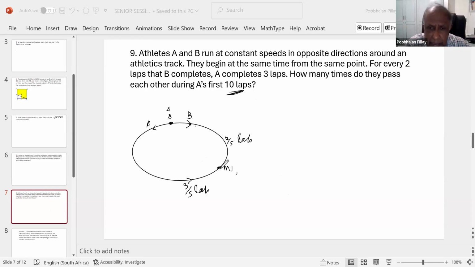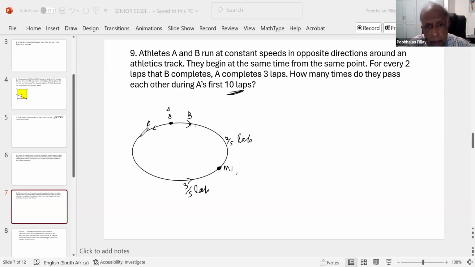You see, when they meet, it's like they are starting all over again. It's like a replay of what went on here, but starting at this point. Here they're starting together and they go in opposite directions. Here too, they are together and they travel in opposite directions. So the next meeting point is when A covers another 3/5 of a lap.